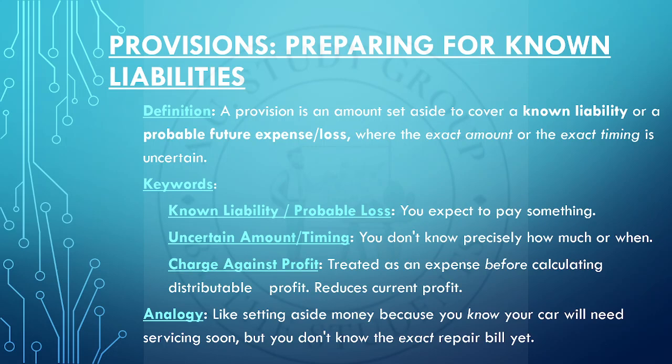Think of it as an estimated expense. Importantly, creating a provision is treated as a charge against profit. This means it's deducted before you figure out your final distributable profit for the year. It reduces the profit shown on your income statement.